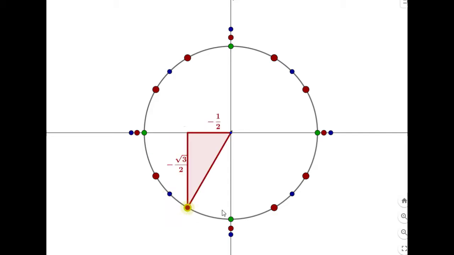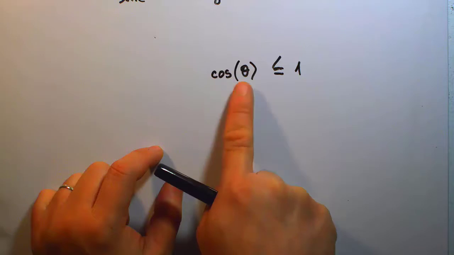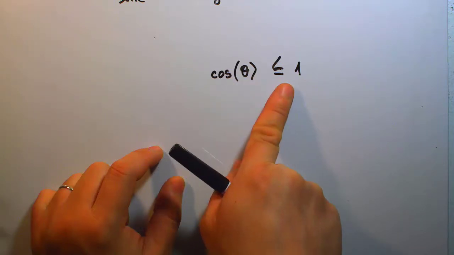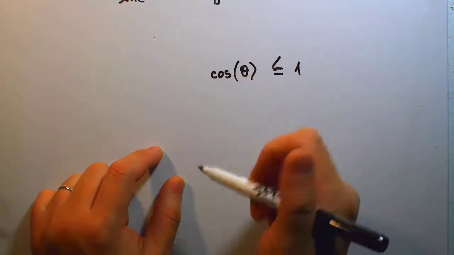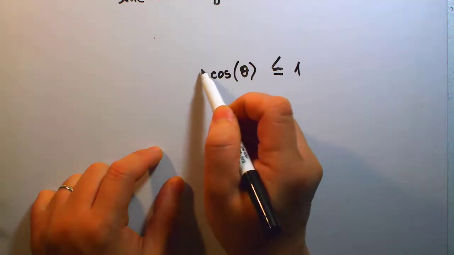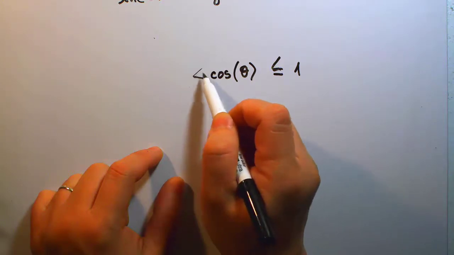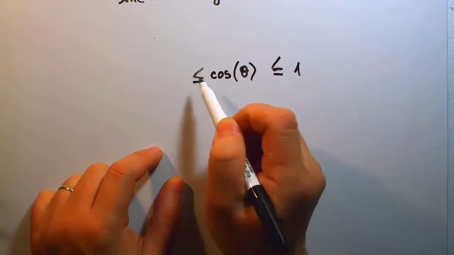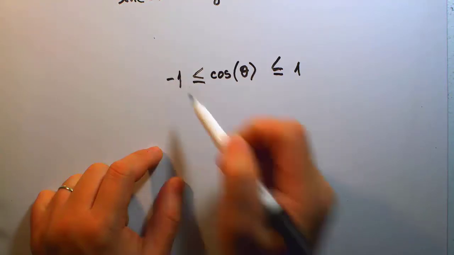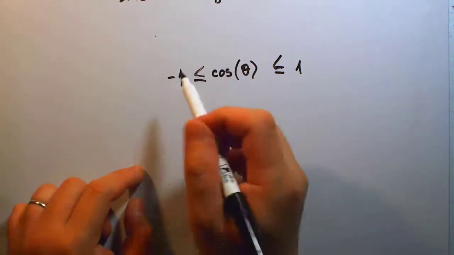And so picking up from this animation, let's go back to my board here and make another conclusion. We just earlier agreed that the cosine value is less than or equal to 1. And now as we keep traveling along the unit circle, we found out that the cosine output value can get negative. But no matter what, the negative cosine output value can only be greater than or equal to -1.